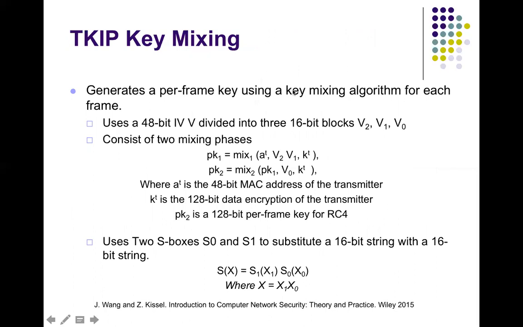Remember, in WEP, for each frame you want to encrypt, you always use the WEP key, but to indicate that this particular key is for a particular frame, it uses an initialization vector in WEP.